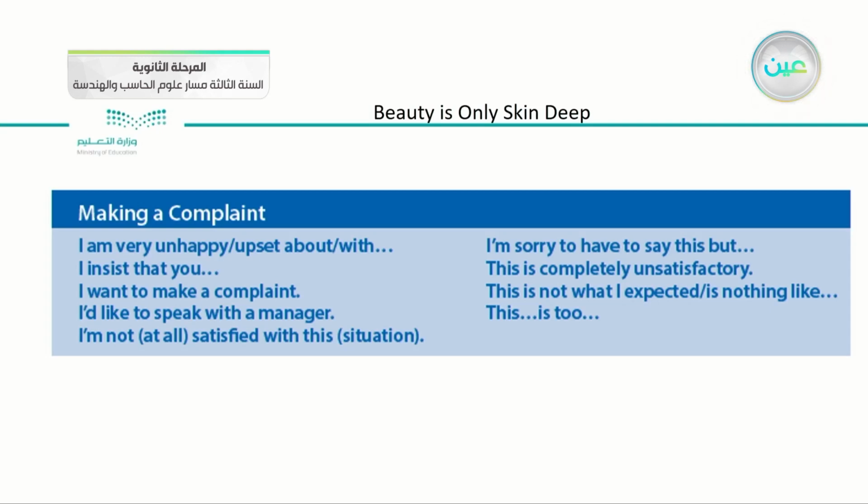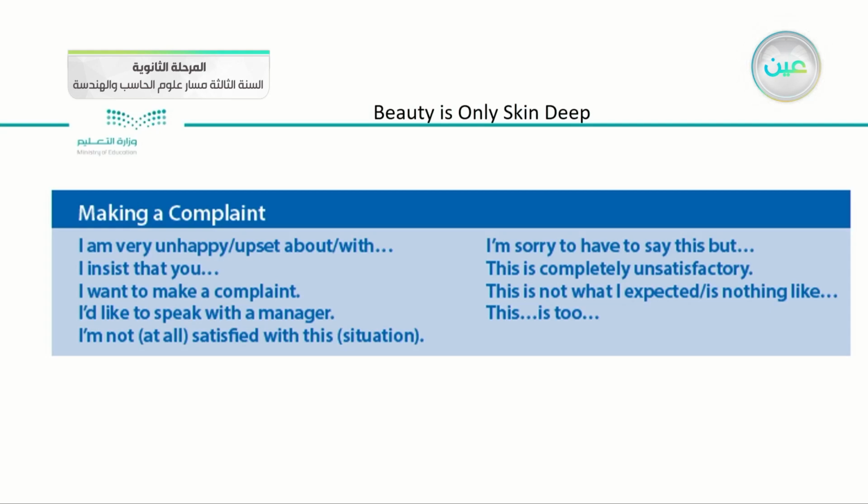Or I insist that you, or I want to make a complaint. I would like to speak with the manager. I'm not at all satisfied with this situation. I'm sorry to have to say this, but this is completely unsatisfactory. This isn't what I expected, or this is nothing like, or this is too.